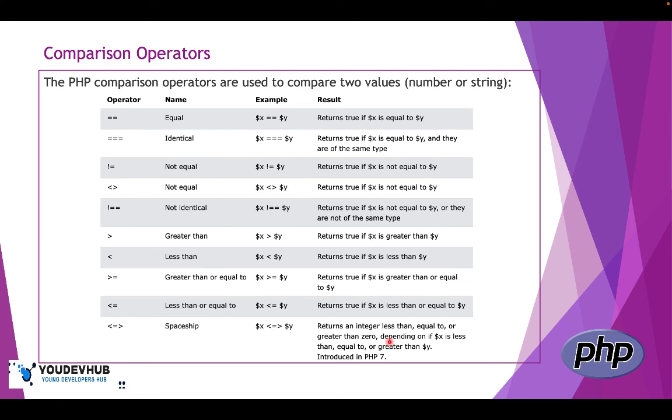Since it is equal to, it is not greater than, and it is not less than, it is returning 0. So that's just all on comparison operators. We can go ahead and walk through it to see the different things we can do with it and make one or two different comparisons.